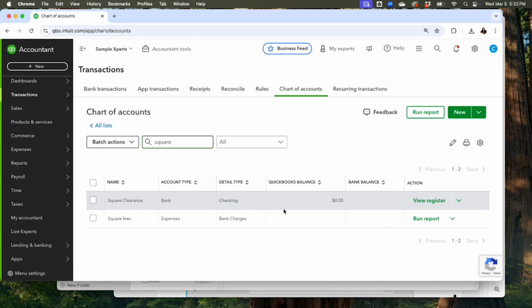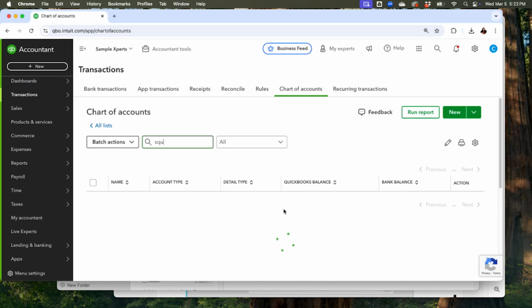You don't want to integrate with QuickBooks if you have Square savings or Square checking account, because when you send the money from Square to QuickBooks, it will never match what goes into the bank feed. So with that being said, you need a clearance account. So all transactions, all sales will be recorded into Square clearance.